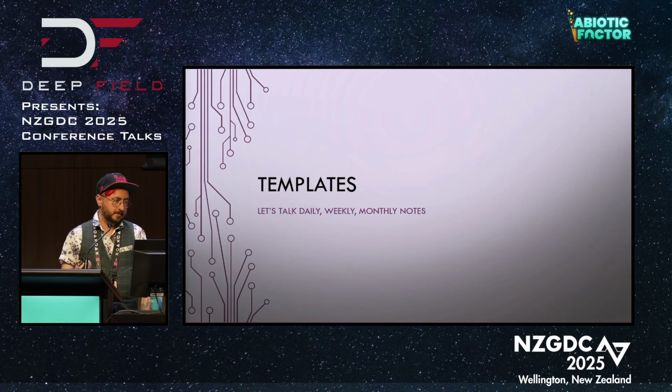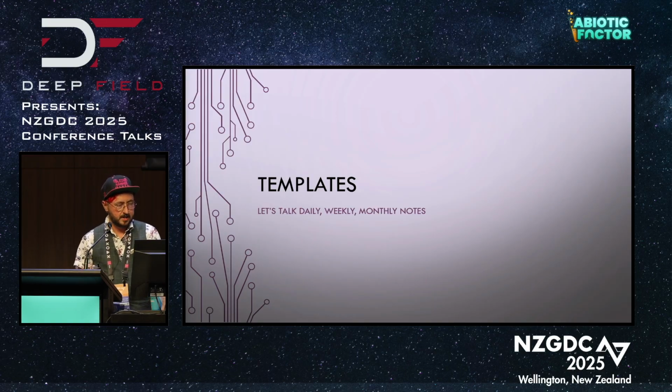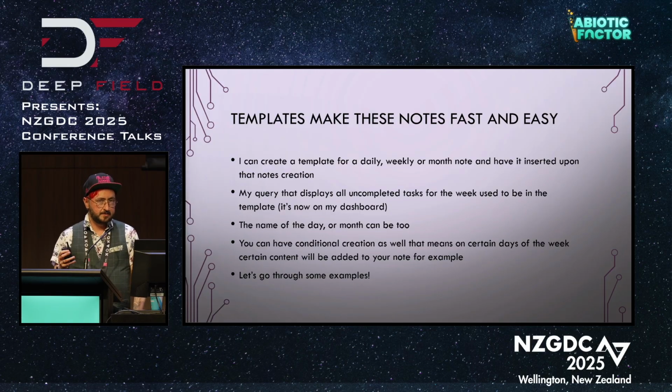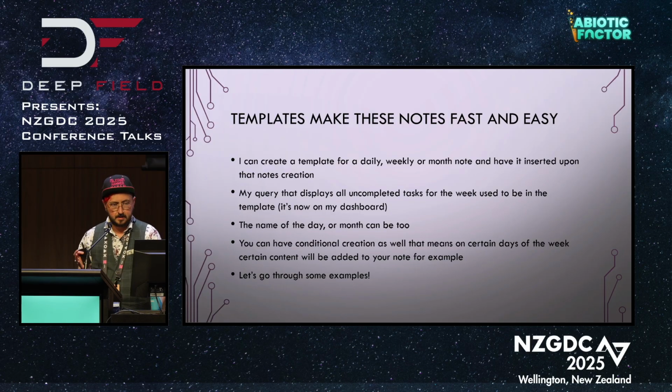Let's talk about templates though. So I have daily, weekly, and monthly notes. Some I use more than others for different things. Now, templates make these notes fast and easy.